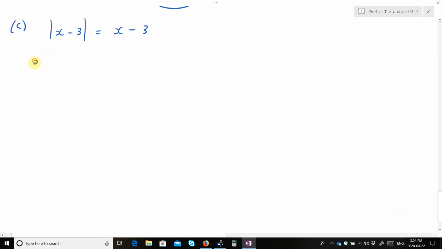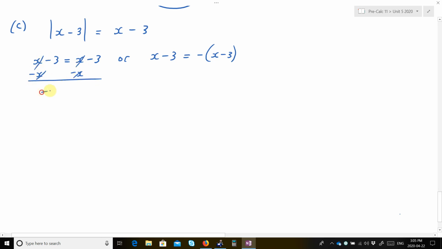So the two equations are x minus 3 equals x minus 3, or the x minus 3 could equal the negative of x minus 3. And over here, when we subtract x from both sides, we get negative 3 equals negative 3. Add 3 to both sides. We get 0 equals 0.